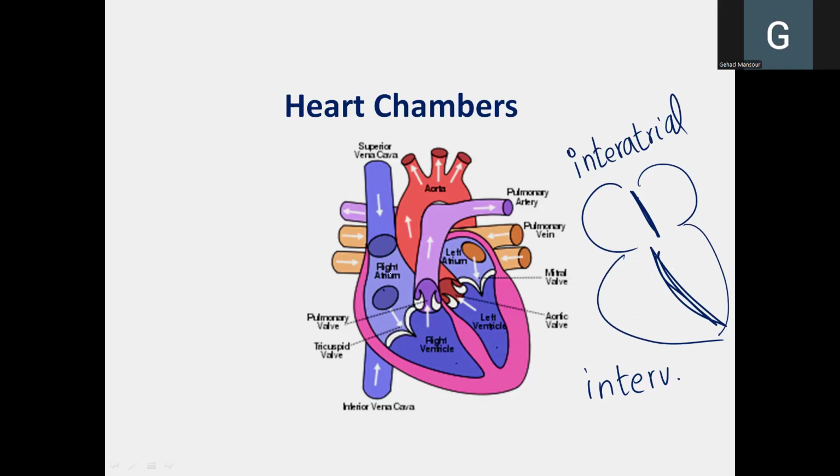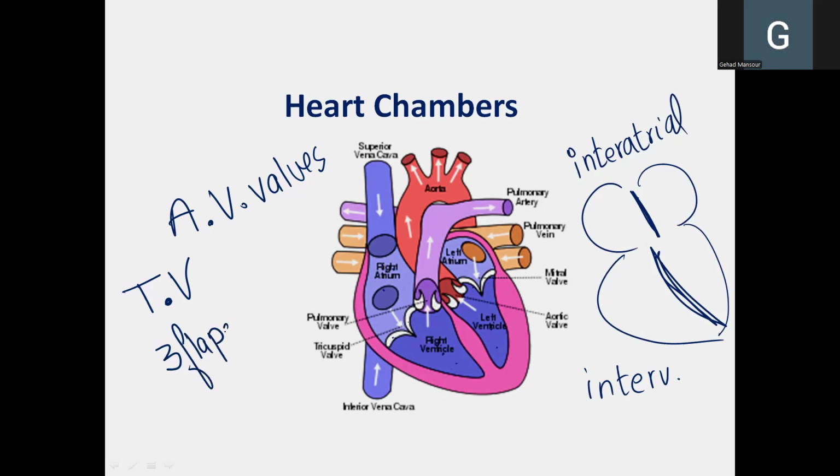Furthermore, between each atrium and its corresponding ventricle, we have an atrioventricular valve. So we're going to talk about the atrioventricular valves. And then you would say that on the right side, we have the tricuspid valve, which is made of three flaps or three cusps, whereas on the left side, we have the mitral valve or the bicuspid valve, which is made up of two flaps only.